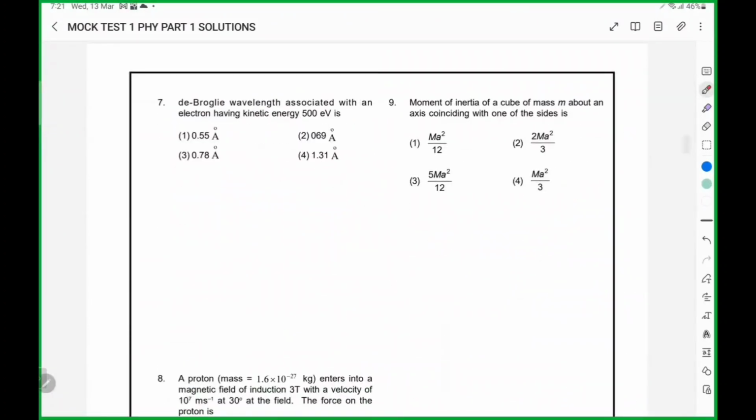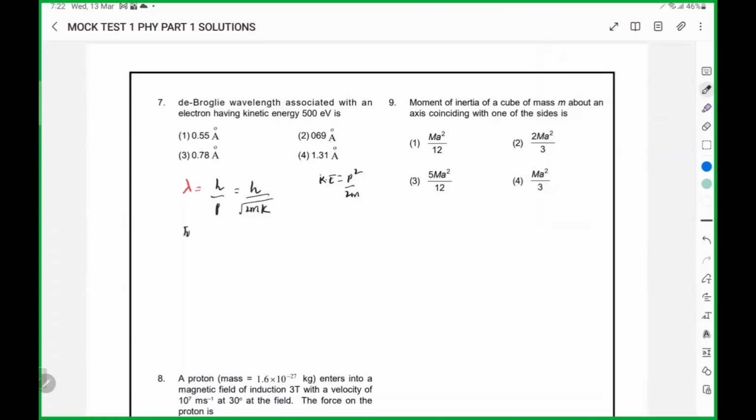Here it is. The de Broglie wavelength associated with an electron having kinetic energy. Lambda here is h by p. We know that kinetic energy is p squared by 2m. So this is lambda.